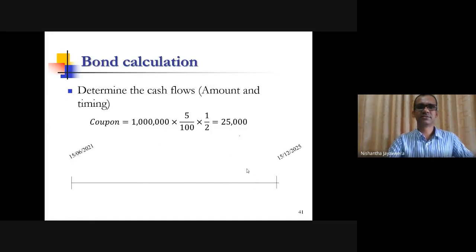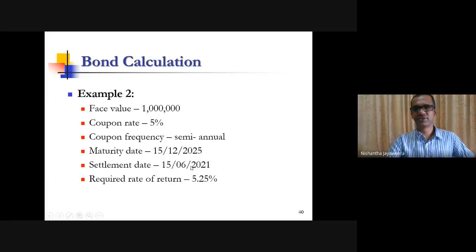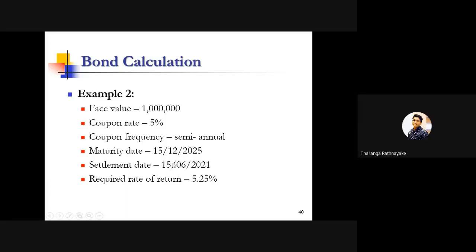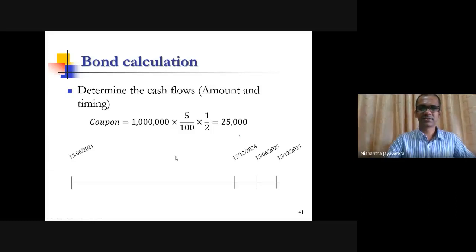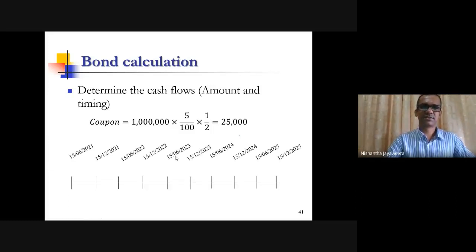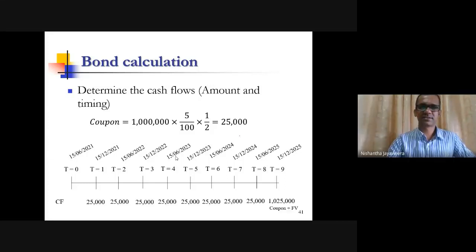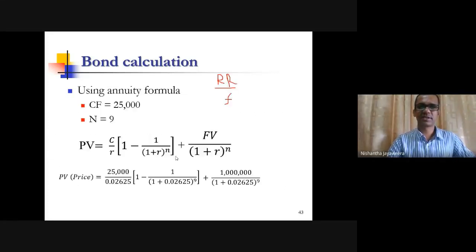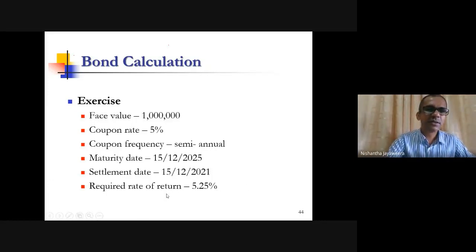Sorry, this is the example. This is the June settlement date. If you go to the exercise, if I remember, the settlement date is December. That's the difference. Did you see that?